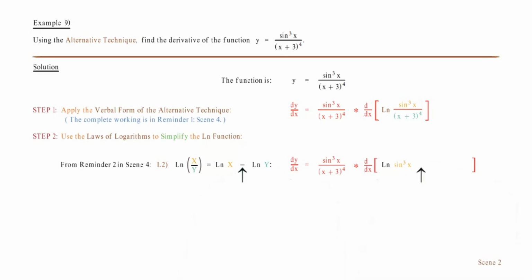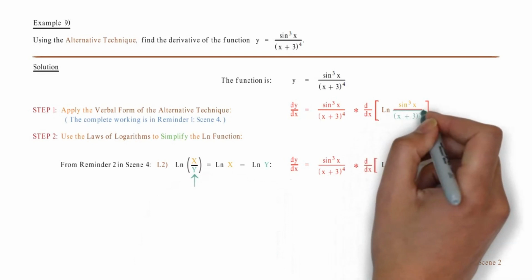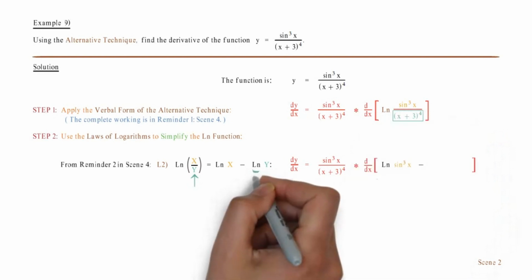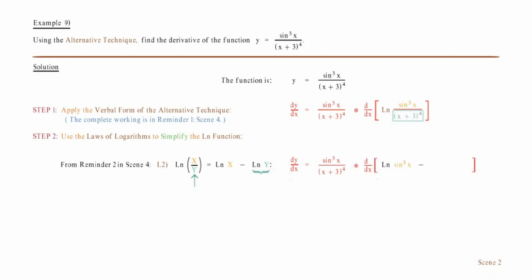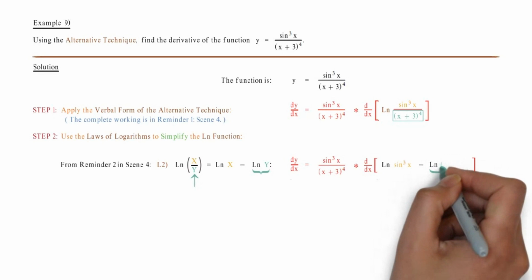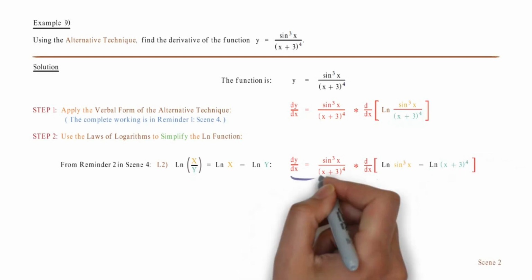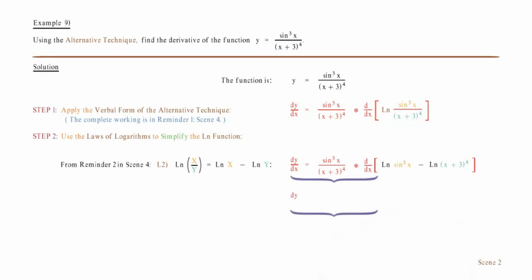Minus is minus. Since y is x plus 3 to the fourth, ln of y is ln of x plus 3 to the fourth. Bring down.